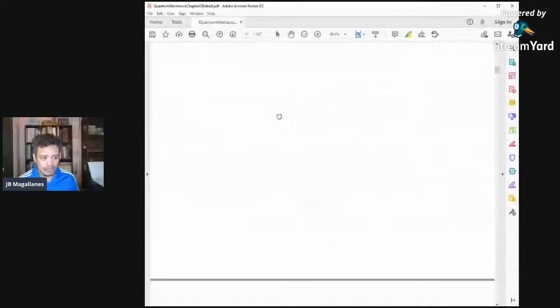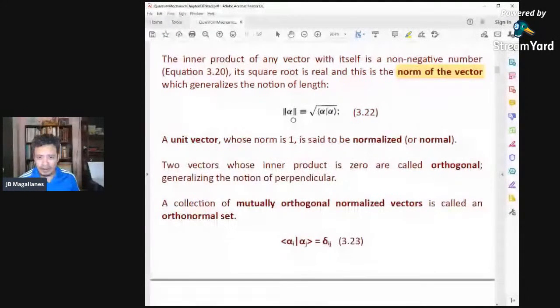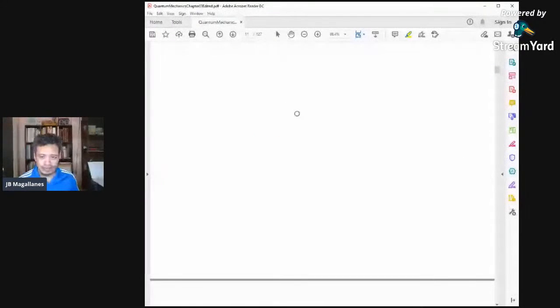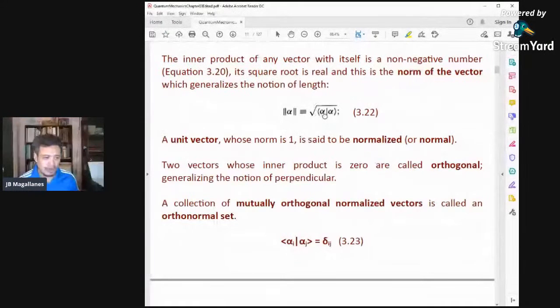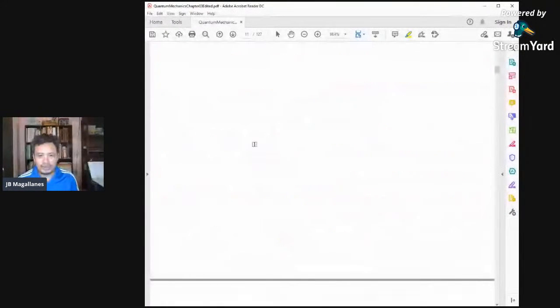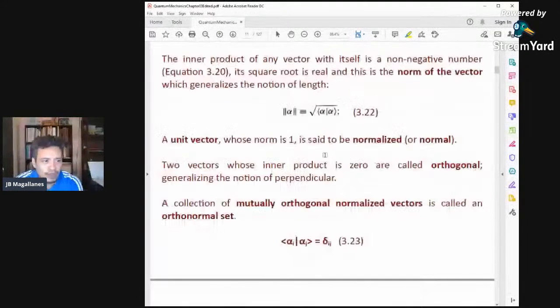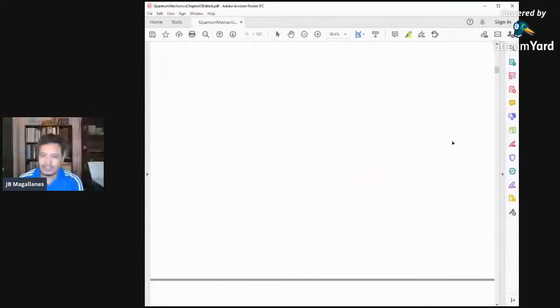In the three-dimensional case, the magnitude of that vector is just the square root of the inner product of the vector with itself. If you have a unit vector whose norm is equal to 1, then that's said to be normalized.